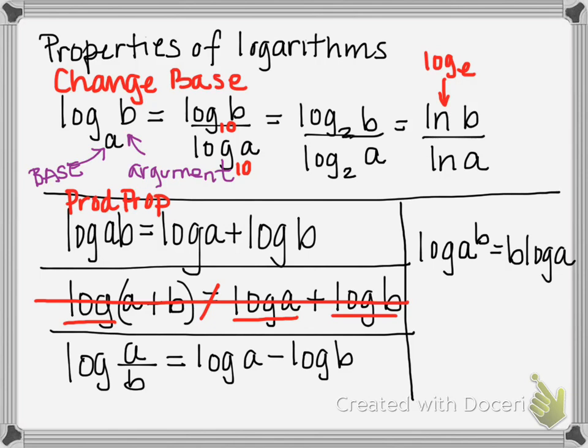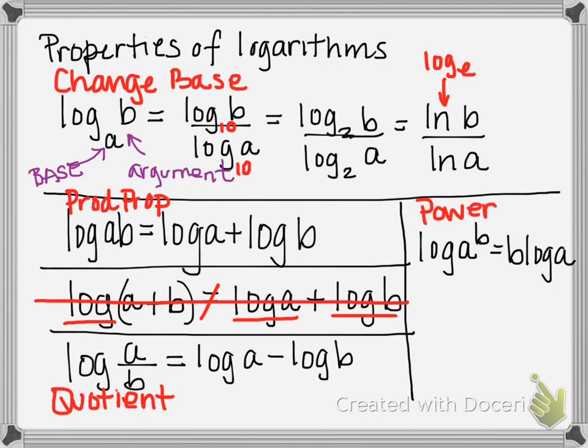but it's not. And then down here at the bottom, we've got the quotient property of logarithms. You can see that log a over b is equal to log a minus log b. And then finally, here we have the power property on the right side.